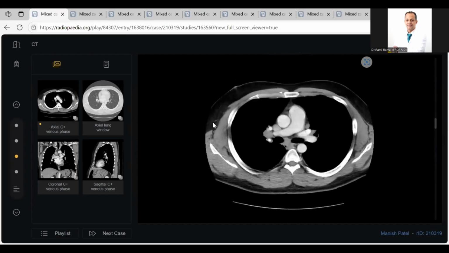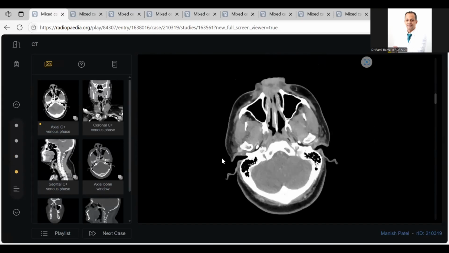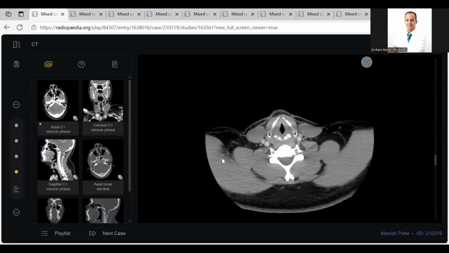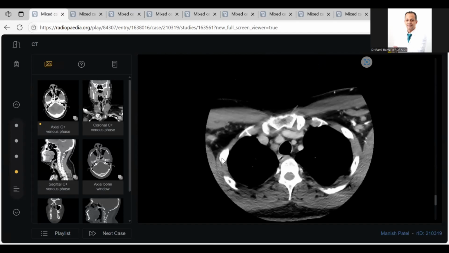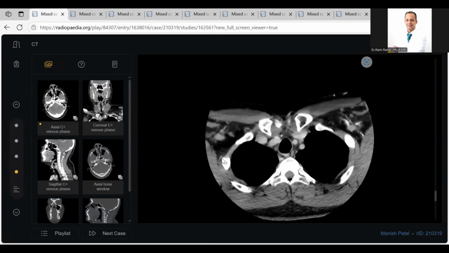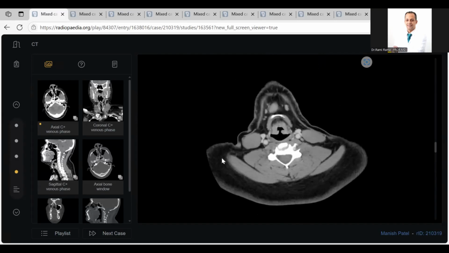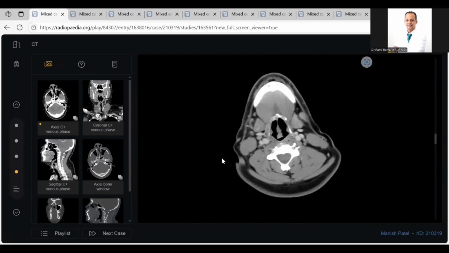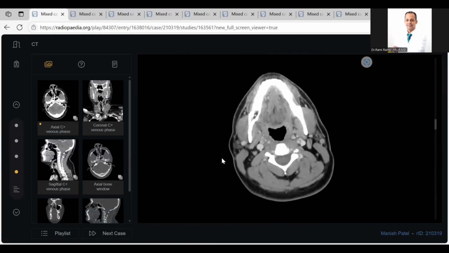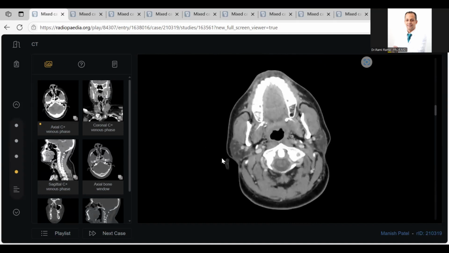Confirm your diagnosis. As the patient has a sinusitis complaint, we did this exam. There's asymmetrical thickening also noted along the oropharynx.